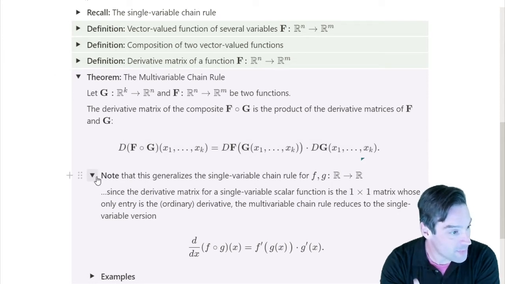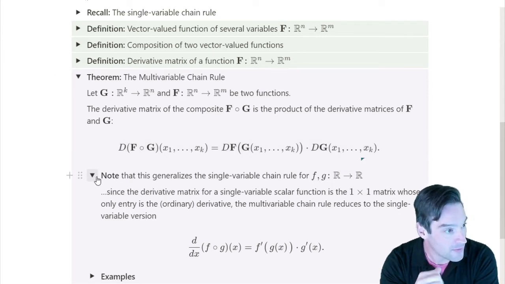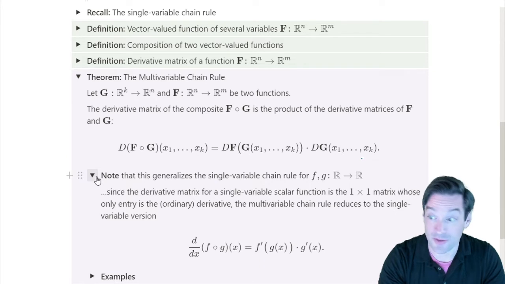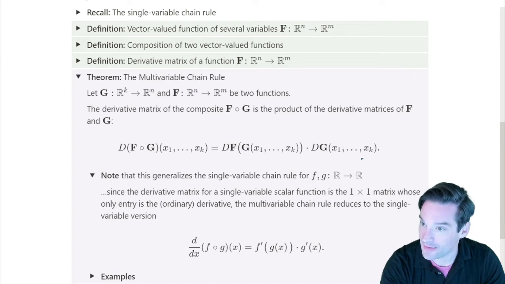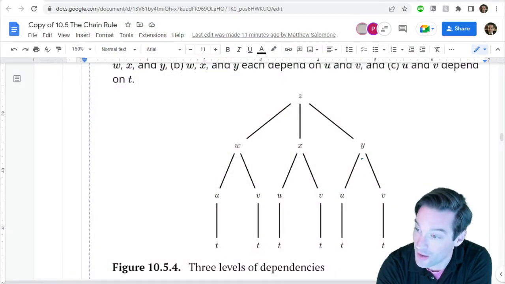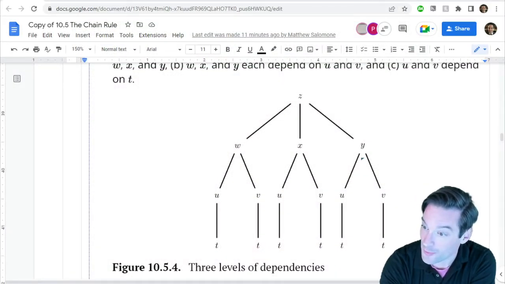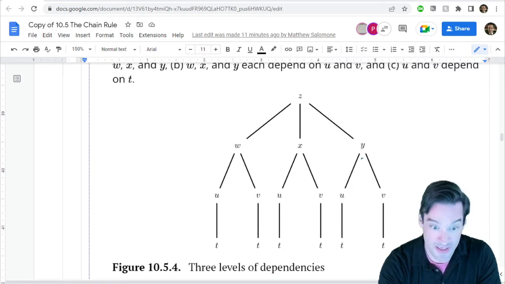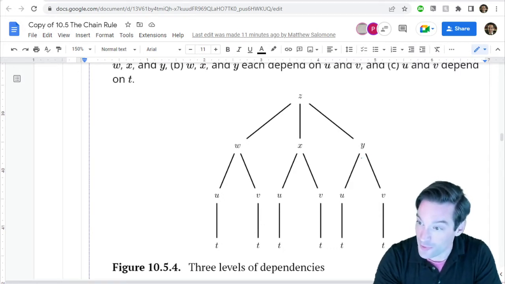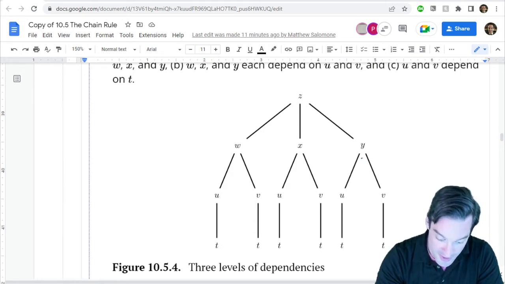So if I wanted to put this multivariable version of the chain rule into practice, let's try to use it to revisit this problem from the activity that we just wrapped up, which gave us this complex composition of functions where we start with a single variable t, and then from that we produce a u and a v, and from the u and v we produce w, x, and y, and then from w, x, and y we produce a z.